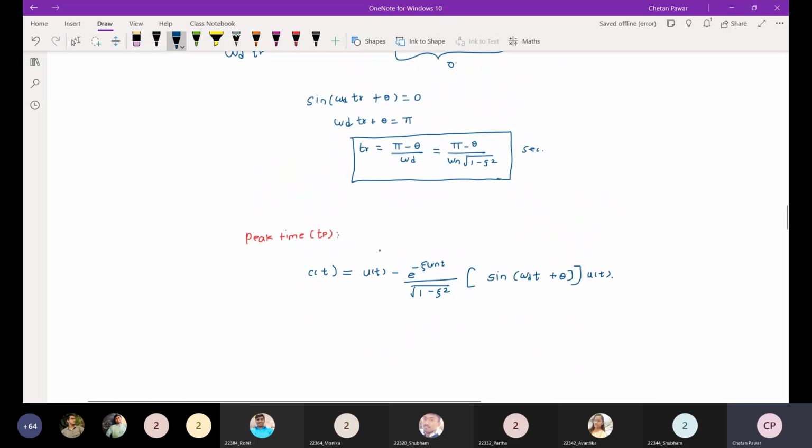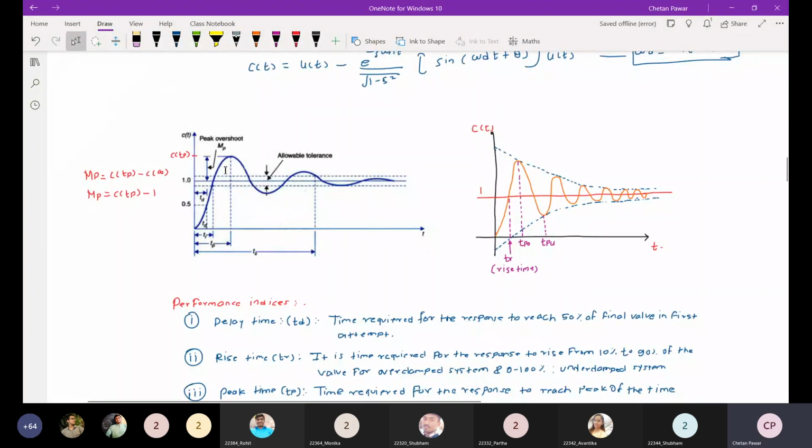Now the peak time, how to calculate the peak time here? How to calculate peak time? What can you do to calculate a peak time? You have an output response equation with you. Then how will you calculate a peak time?